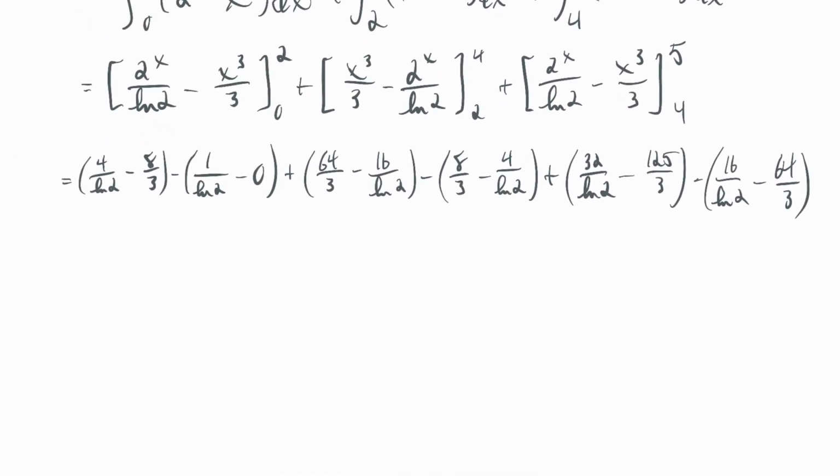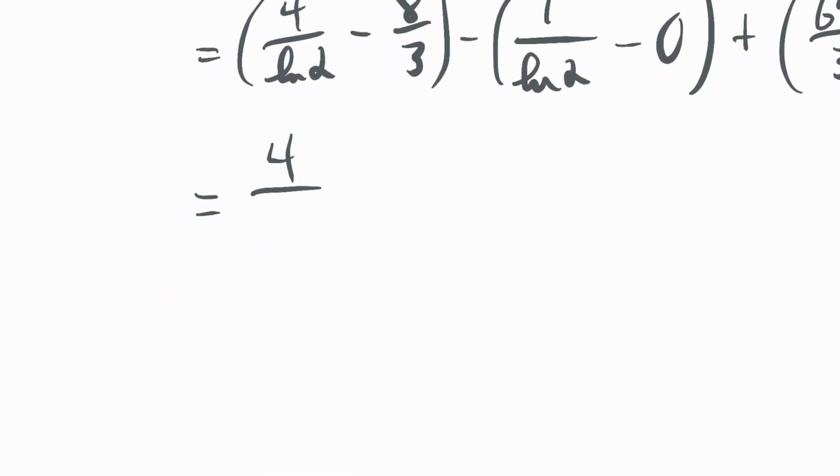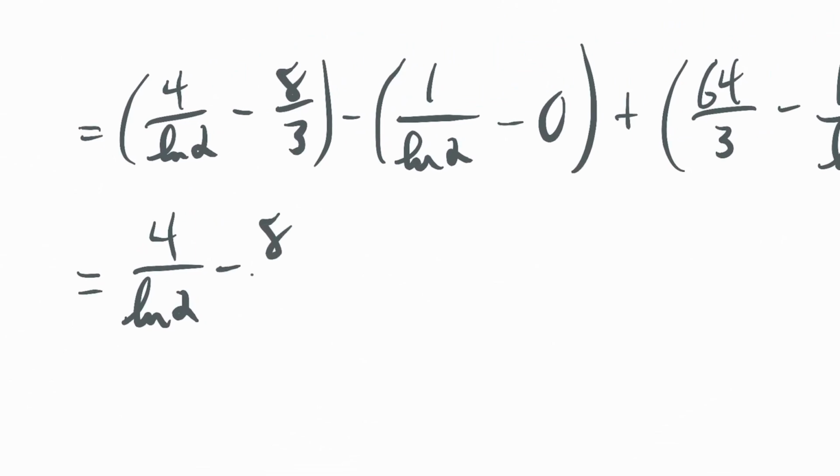Okay, so got a lot of numbers here. So I'm going to resolve all of the parentheses. I'll distribute all of these minus signs. So I will get 4 over ln of 2. And probably I'm going to zoom in for now. Otherwise, it's just going to be really hard to see this in the video. Minus 8/3 minus 1 over ln of 2. Of course, I'll be combining like terms shortly.